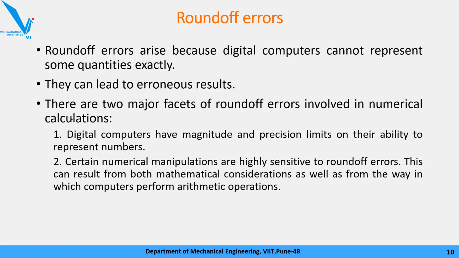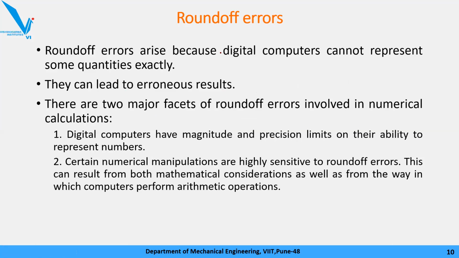Moving ahead, the major important error we found is the round off error. Yesterday we saw significant figures, significant digits, and when we do the calculation for significant digits we have two options: either we can chop off digits, or we can round off digits.